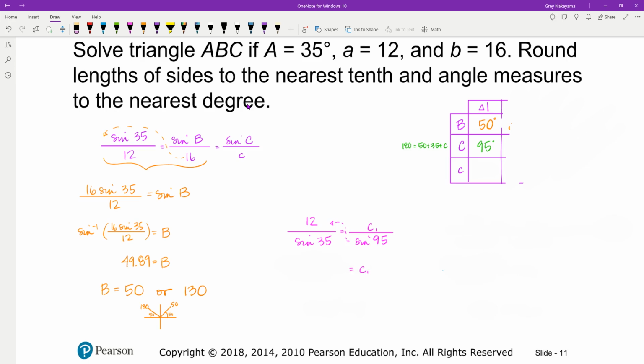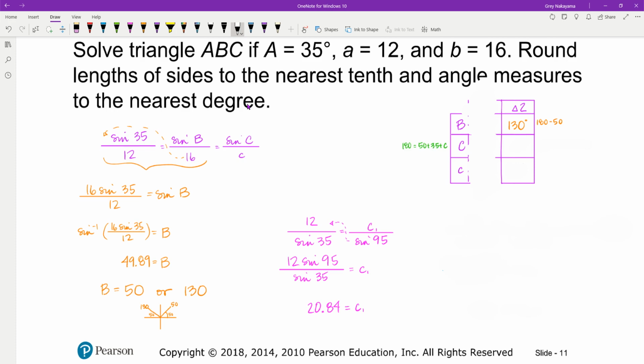So c sub 1 equals 12 times the sine of 95 over the sine of 35, and c sub 1 equals 20.84. I'm rounding sides to the nearest tenth, so that makes it 20.8. Now that I've solved the first triangle, y'all, I'm going to go solve the second triangle, and I'm going to ignore all this.